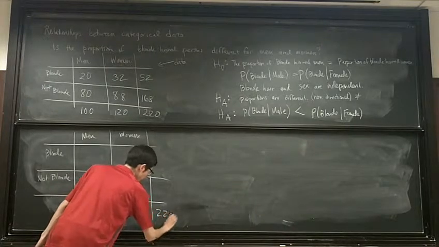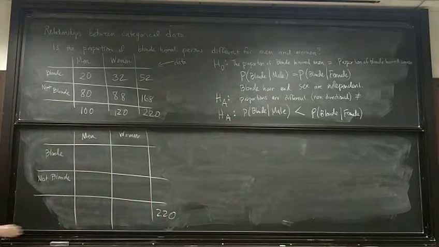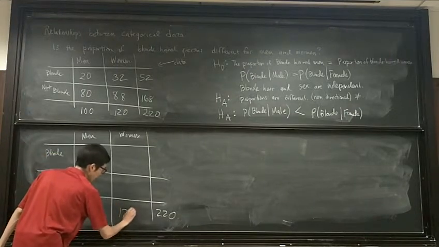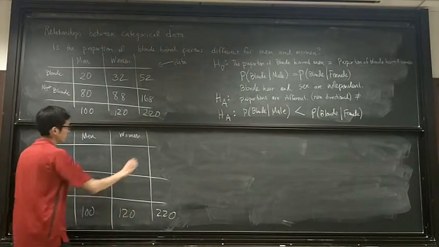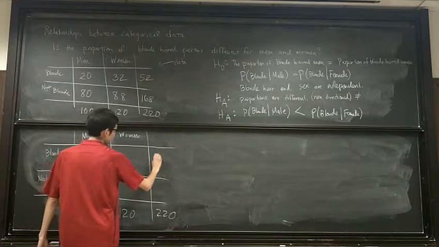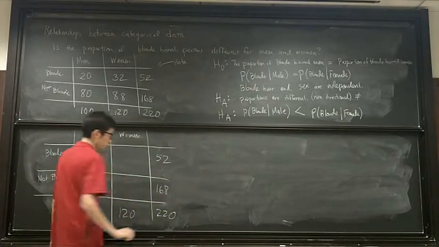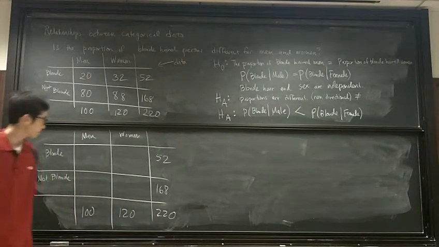We saw a total of 220 people. 100 of them were male, 120 were women or female, and 52 were blonde and 168 were not blonde.